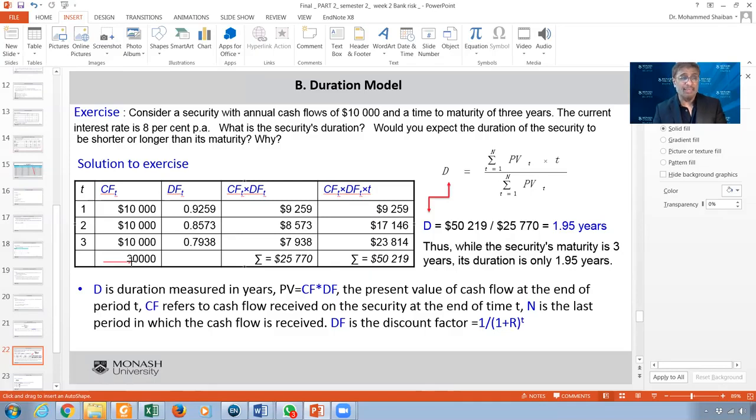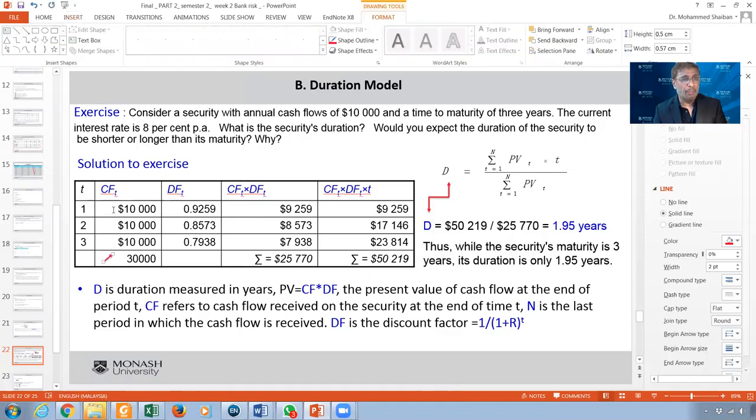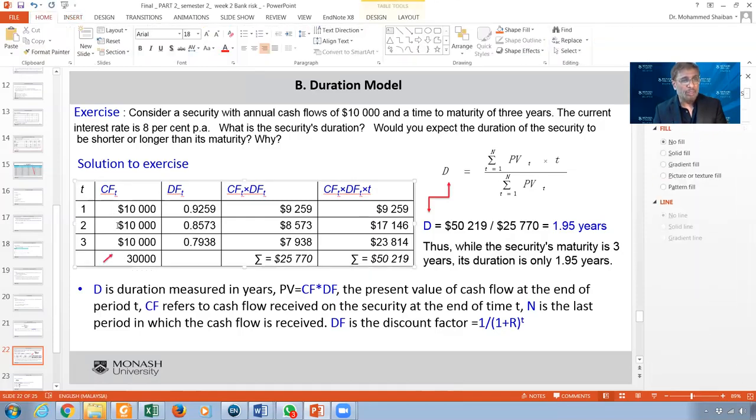Under the duration model, they say no. You have to take the payments, year 1, year 2, year 3, and discount them. This is the discount factor of year 1, year 2, year 3. The cash flow times the discounting factor makes 925 for year 1. This is the present value of the first payment, the present value of the second payment, and the present value of the third payment.